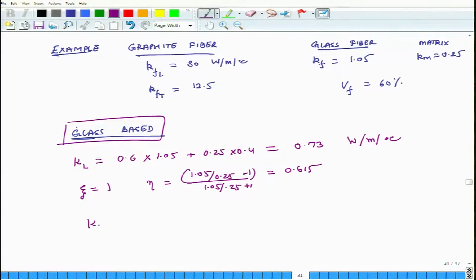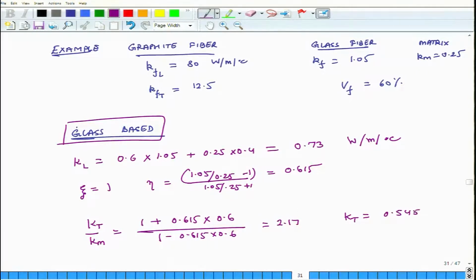So, Kt over Km equals 1 plus 0.615 into 0.6 divided by 1 minus 0.615 into 0.6. So, this gives me 2.17, or Kt equals 0.543 watts per meter per degrees centigrade. So, this is for glass, which is pretty straightforward.